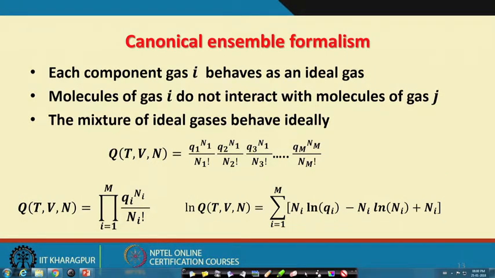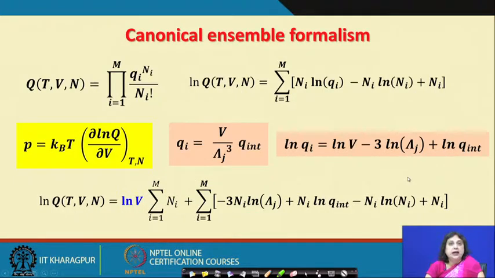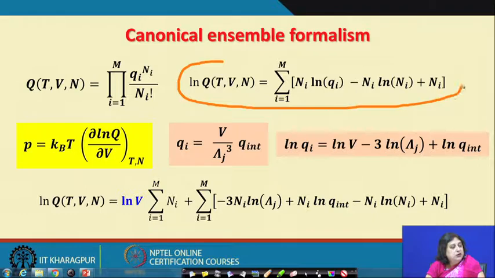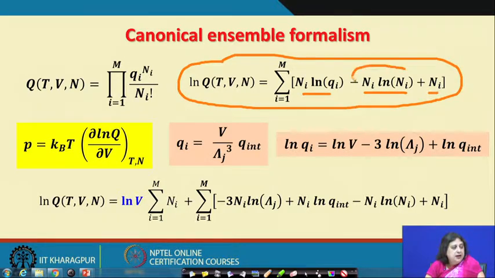Obviously, whenever I am using the formalism of molecular thermodynamics within the canonical ensemble, then I actually require capital Q. So, when I go ahead and calculate the pressure of this mixture, then I will need to understand how ln Q explicitly depends on volume. Now, if I examine the expression for ln Q, what I find here is that ln Q is nothing but contributions coming from this term and this term, and the last 2 terms are independent of volume.